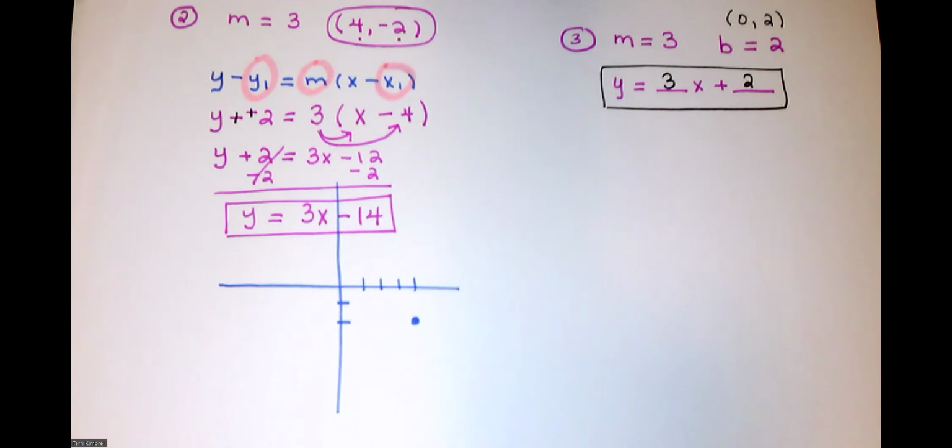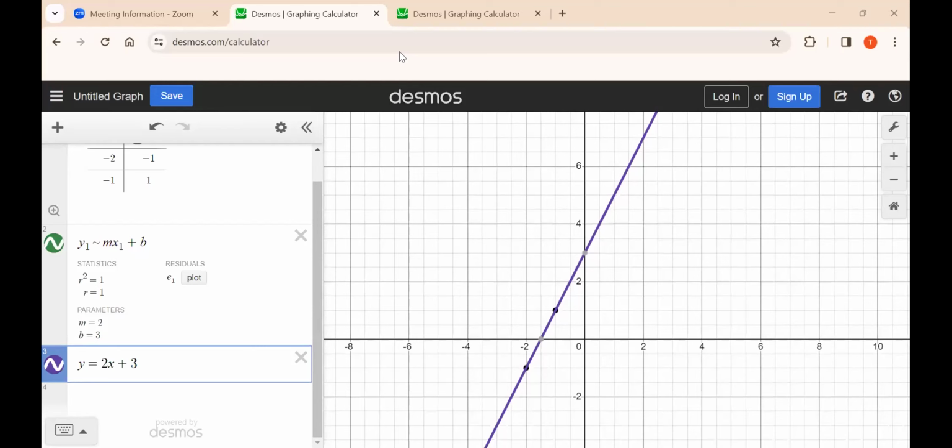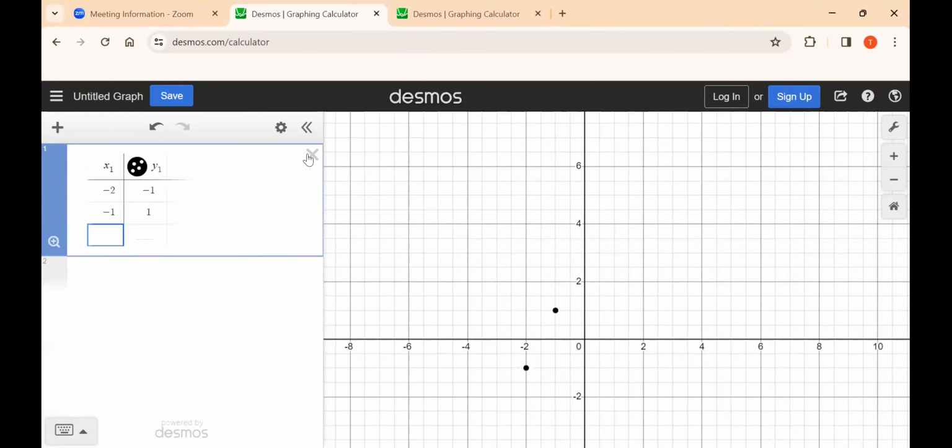So let me share the screen and we will check this answer. So we'll clear this out. Now, the first thing I'm going to do is just make a table and put in the ordered pair. So I've got a 4 and I've got a negative 2.